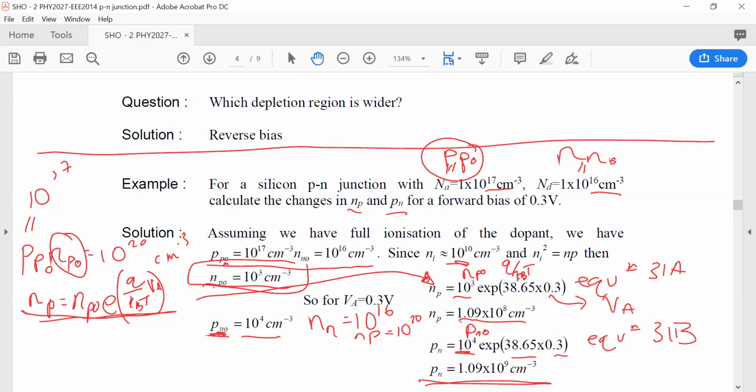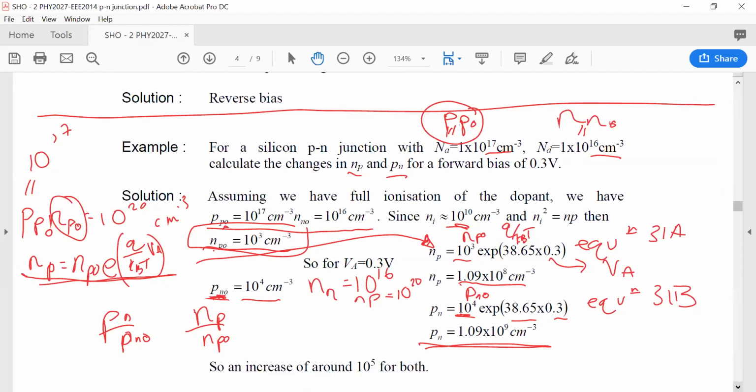If we compare these values, remember, we're really looking at the comparison of the equilibrium values and the new values with the voltage applied. So it's the ratio pn over pn0, and np over np0. We can see that both of them have increased by around 10 to the 5 compared with their equilibrium values, and we get that by looking at equations 31 and 32.